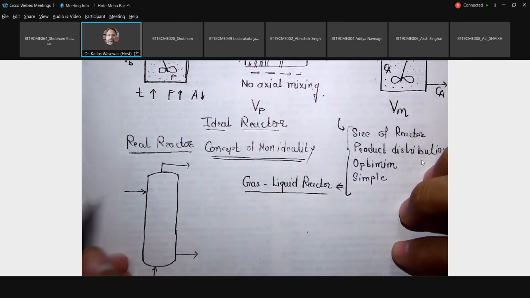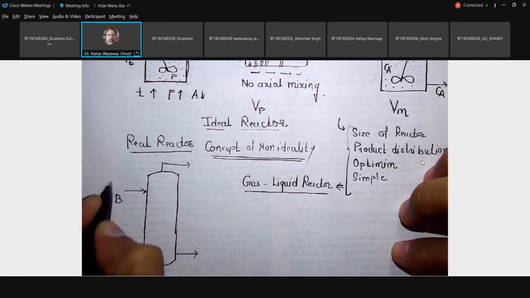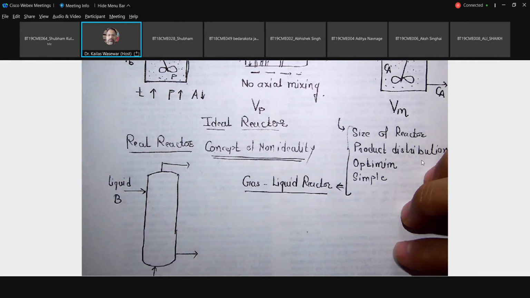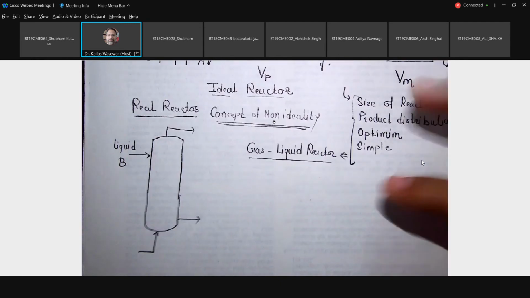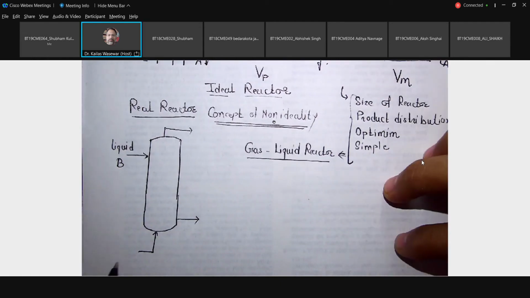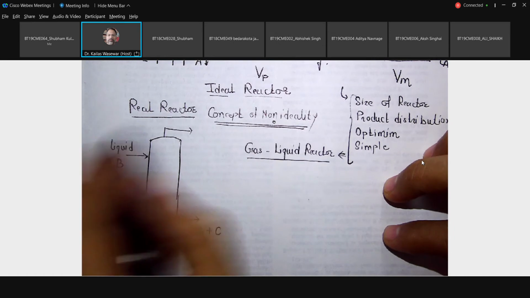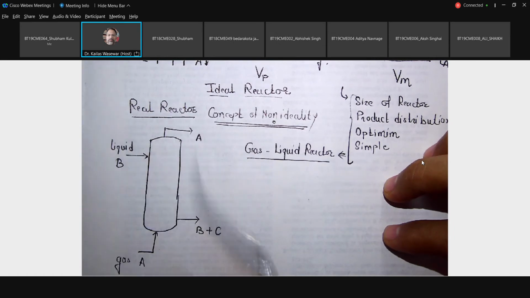So here it is B. This is liquid. Generally in gas liquid, gas will pass from the bottom and liquid will be from the top. So here it is a gas, and here you may have in liquid B plus C. C is your product.